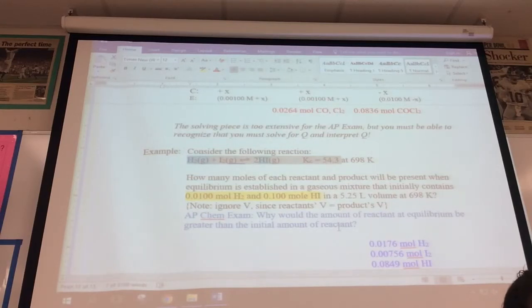Because the reverse reaction is favored, so reactants get generated. Those are the types of things they'll ask. These types of problems to ICE out are too tough. But do you recognize what's given? Do you recognize which direction equilibrium must shift in and why? That's the key.